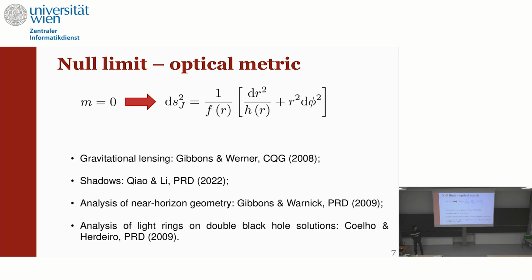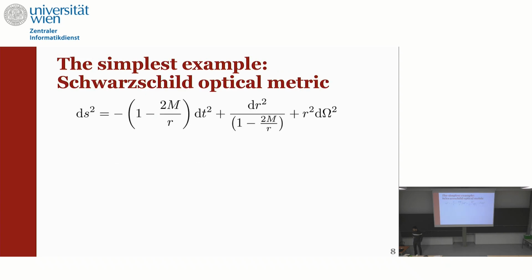This has been used several times for gravitational lensing, for shadows, for analysis of the near horizon geometries, and even for analysis of light rings in double black hole solutions. So you have the references here if you want to pursue these directions further.